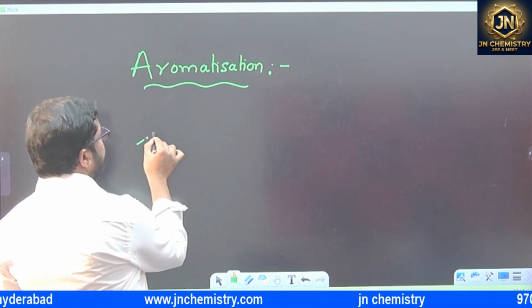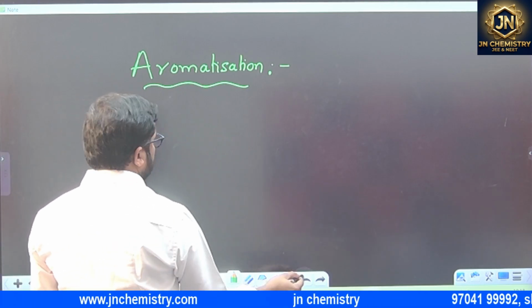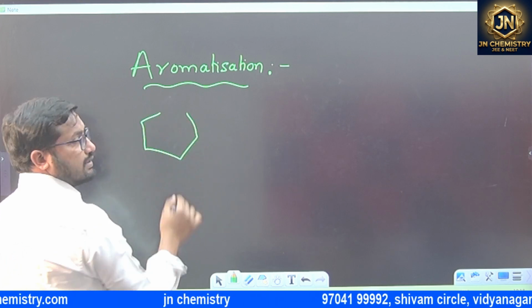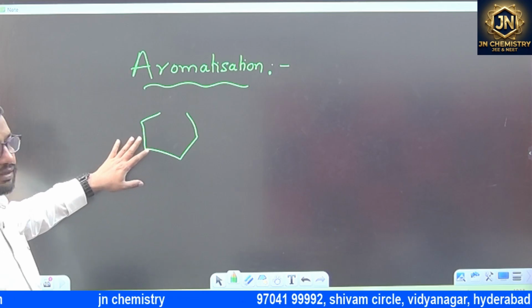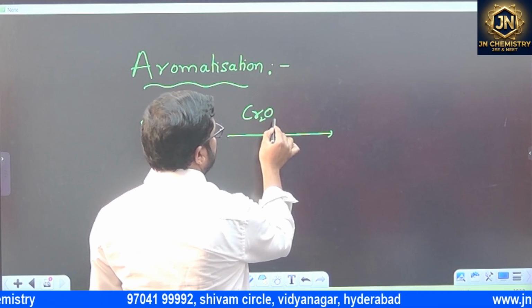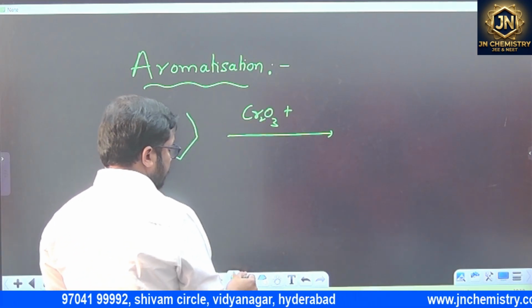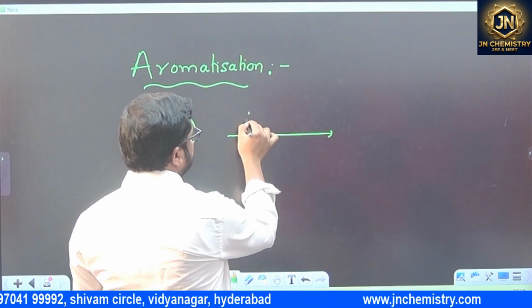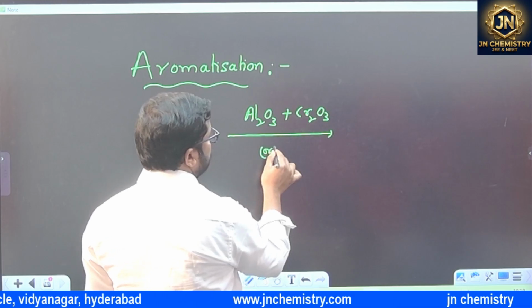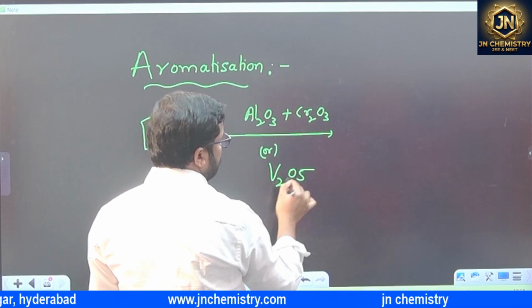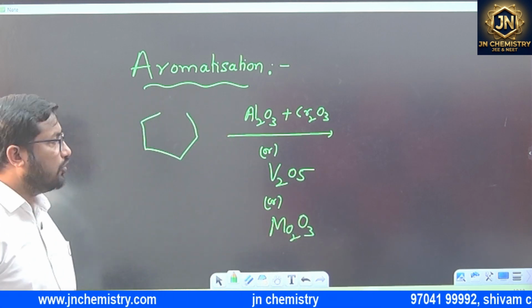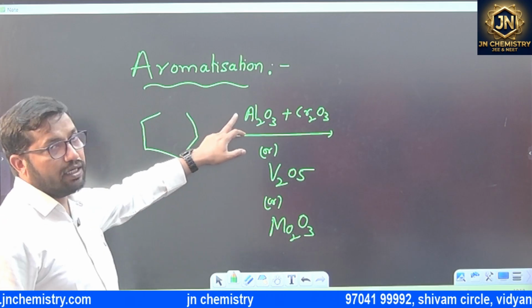For example, if you take n-hexane, I am just writing like this, in presence of Cr2O3, Al2O3 plus Cr2O3, or we can use V2O5 also, or we can use Mo2O3, any of the 3 reagents along with Al2O3.